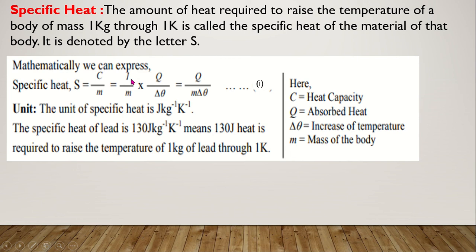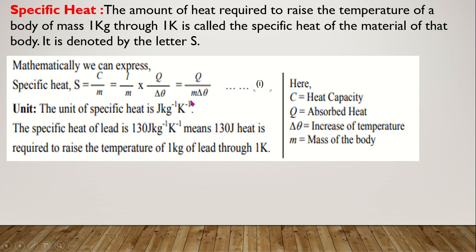Okay, so we can write 1 by m into C equal to q by del theta. So it becomes q by m del theta. So q equal to, from here we can write, if a specific heat is given in the question, then you will calculate the amount of heat this way, q equal to ms del theta by cross multiplication.